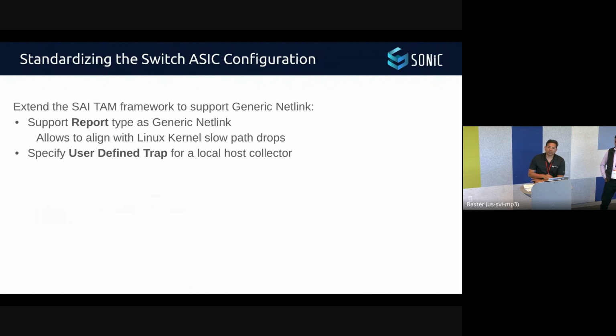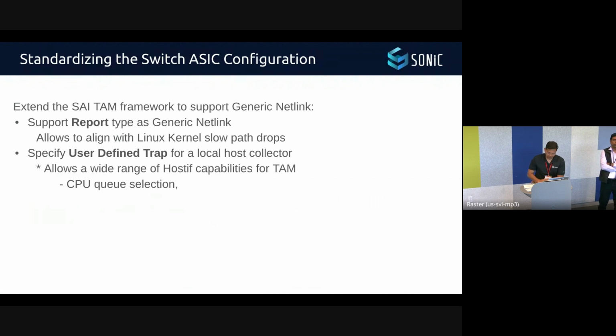And then the moment you start sending such drop events to the CPU, a whole bunch of other things to protect the CPU need to be in place. Instead of trying to reinvent all those things, what we did is we combined the SAI TAM framework with the SAI user-defined trap framework, which allows us to use a wide range of host interface capabilities, which is used today for all our control plane protection features.